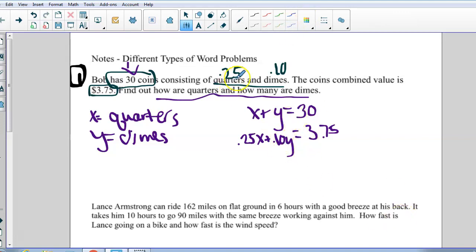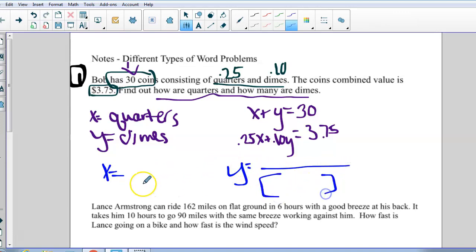From here we can solve for how many coins we have by setting up our matrices. So I have x is equal to, and y is equal to. Remember, your bottom matrix, or your C matrix, when we actually plug it in, is going to be the same. So I have 1 with 0.25, and then 1 with 0.10.